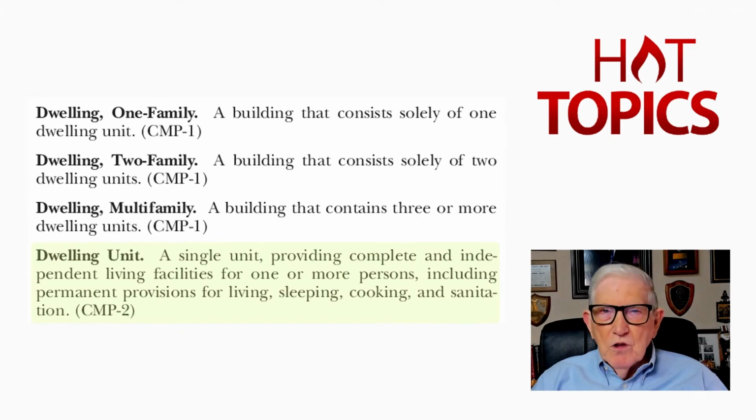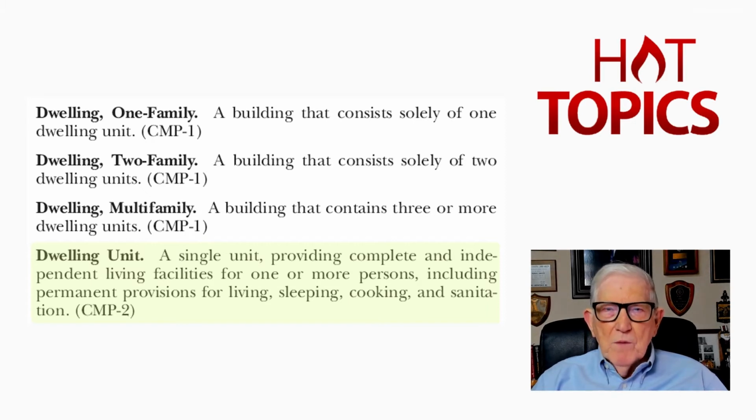A single unit providing complete and independent living facilities for one or more persons, including permanent provisions for living, sleeping, cooking, and sanitation. Now notice permanent cooking, not a microwave or a hot plate or something like that.